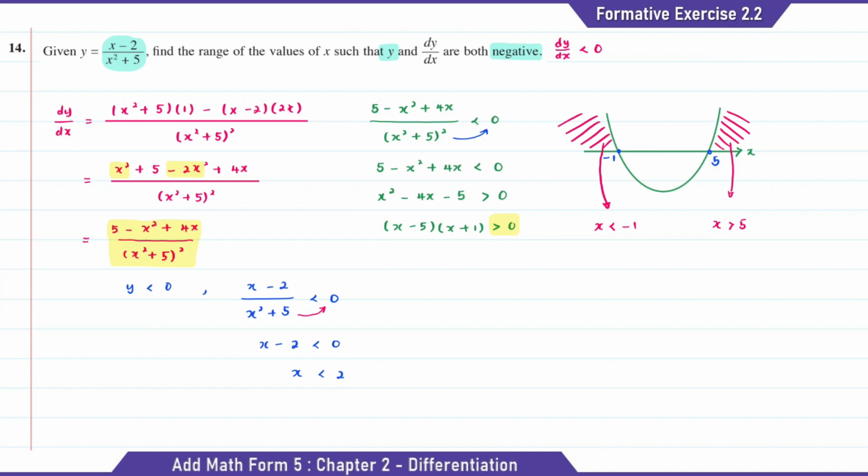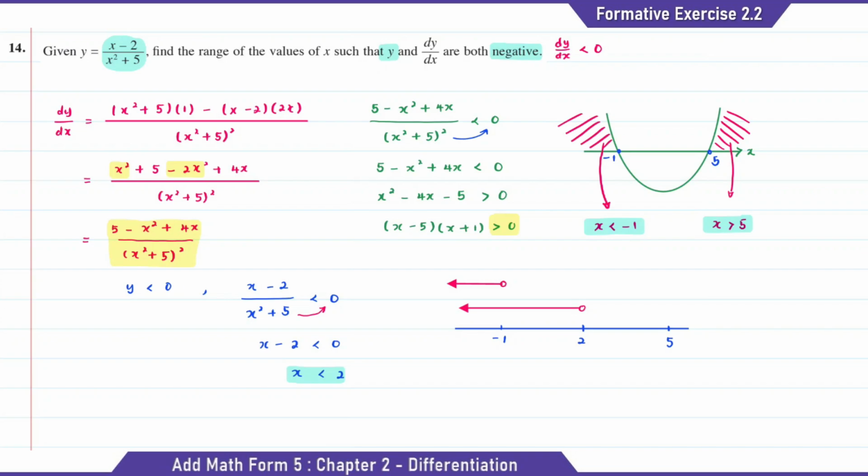To find the range of values of x that satisfies y and dy/dx being both negative, we're going to write these three ranges on the number line. For the range x less than 2, it will be on the left hand side of 2. For x less than negative 1, it will be on the left hand side of negative 1.